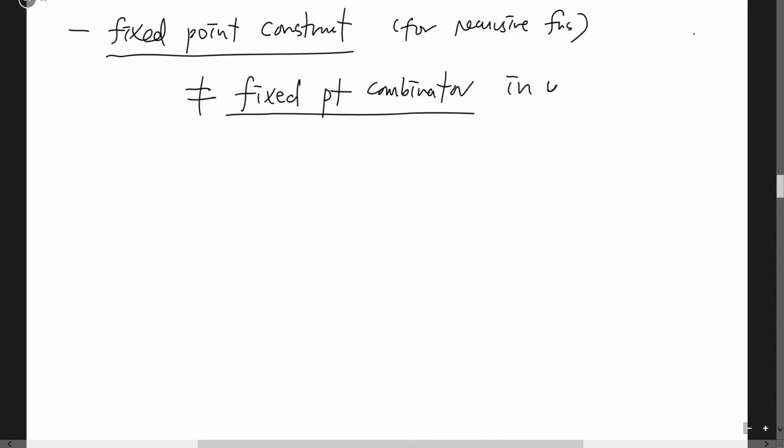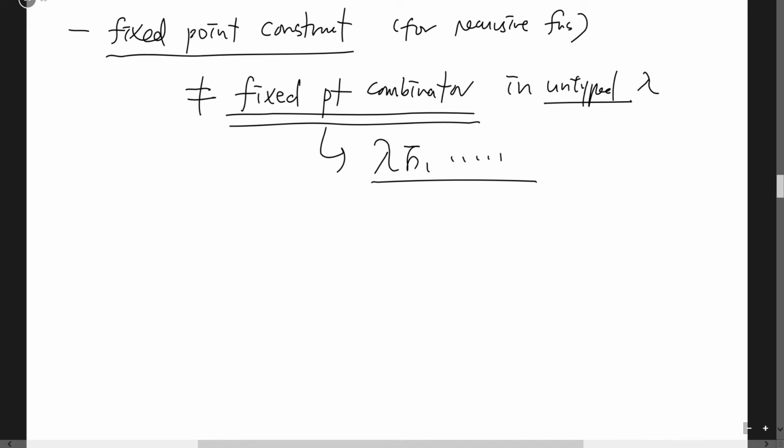In untyped lambda calculus, we have this fixed point combinator, which is simply a very complicated lambda abstraction. So it's a valid expression, or valid lambda abstraction, in untyped lambda calculus.